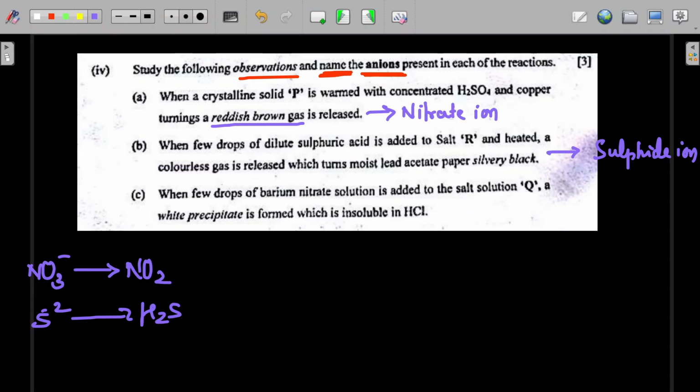Dhanish. With a few drops of barium nitrate solution added to a salt, a white precipitate is formed, which is insoluble in HCl. Barium nitrate or barium chloride, which give what precipitate? White precipitate formed with barium is what?